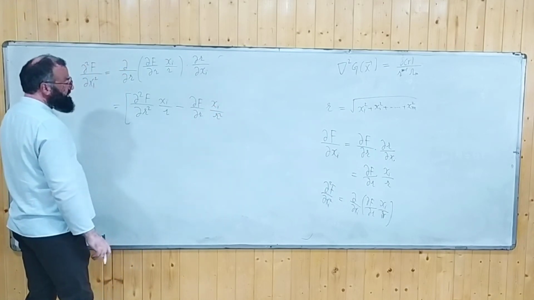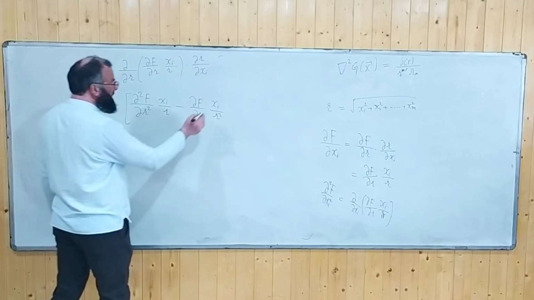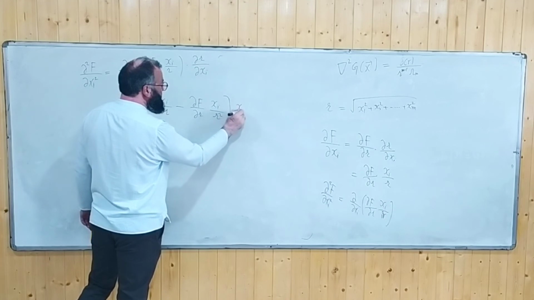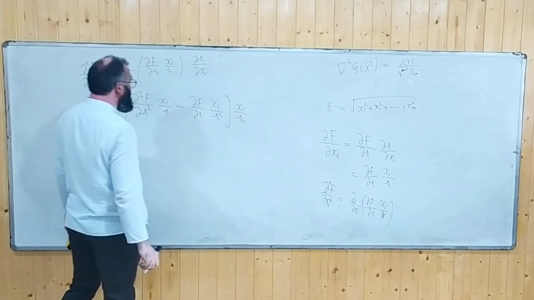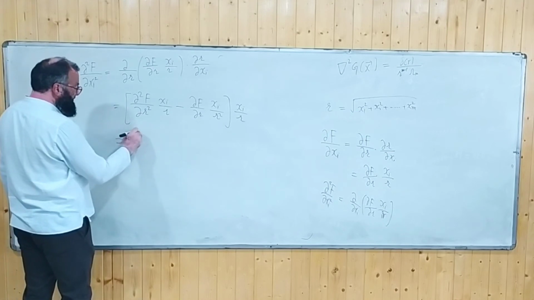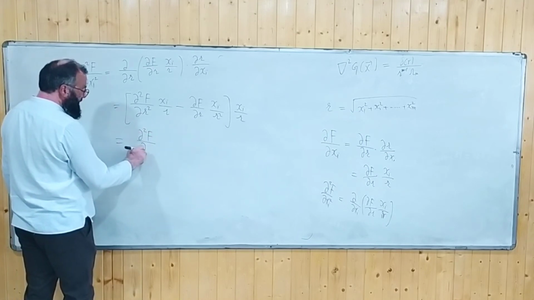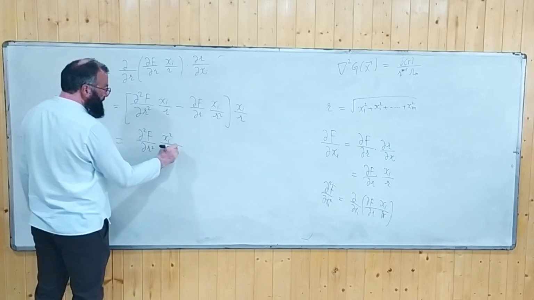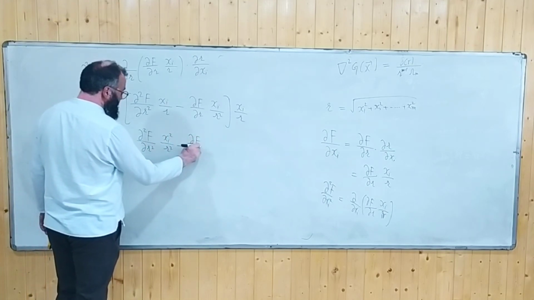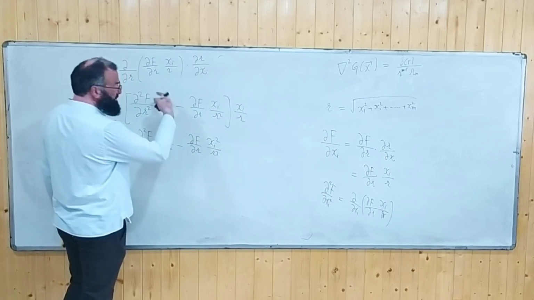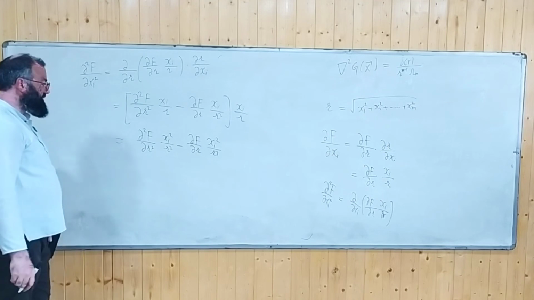Clear? Because it is a differentiation with respect to r. Then what is partial r by partial xi? It's xi by r. So now you are having xi squared, partial 2f by partial r squared, xi squared by r squared, minus partial f by partial r, xi squared by r cubed. It's a simple differentiation I am doing, product rule.